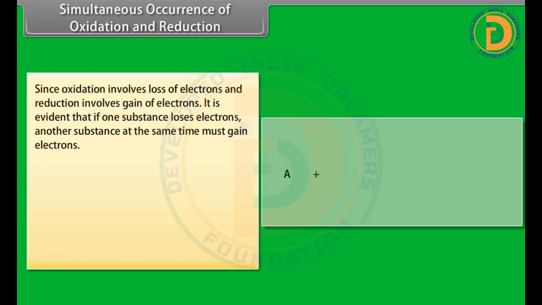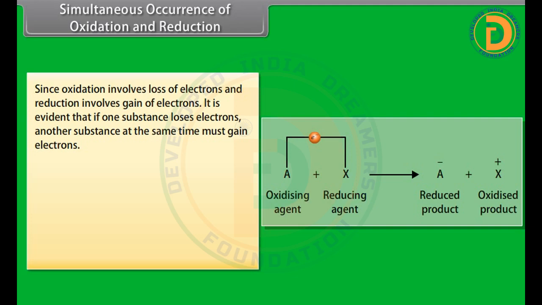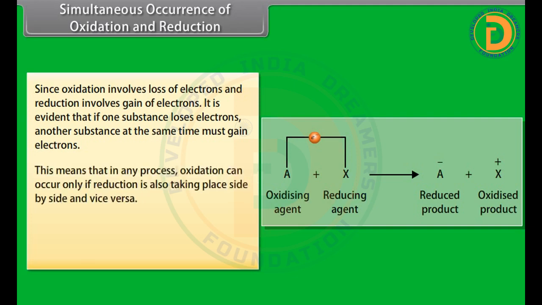Since oxidation involves loss of electrons and reduction involves gain of electrons, it is evident that if one substance loses electrons, another substance at the same time must gain electrons. This means that in any process, oxidation can occur only if reduction is also taking place side by side and vice versa.